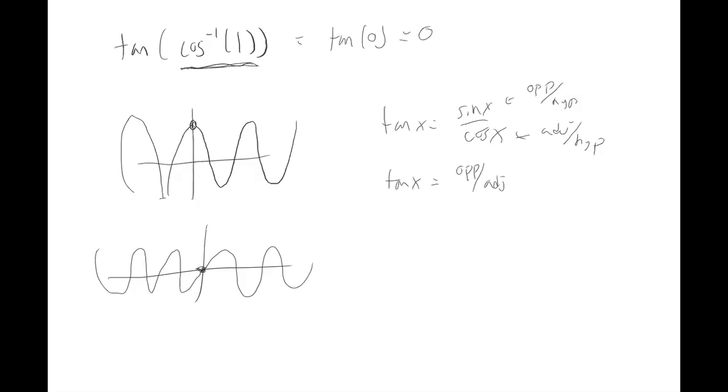So let's do something like tan of cosine inverse of root 3 over 2. Again, this is just two steps. It looks scary, but really this is an angle, and once you find that angle, you just take tan of that angle.